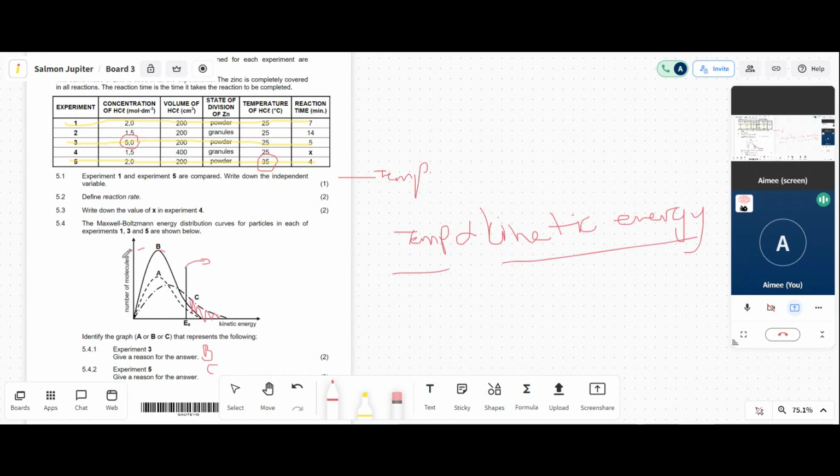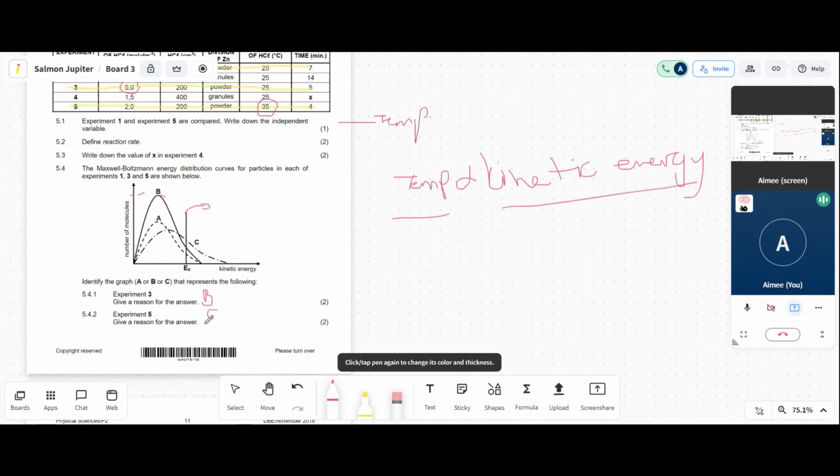Increasing the kinetic energy available to be absorbed by molecules means more of your molecules will have a sufficient amount of energy to participate in the reaction. And the only graph that shows a significant portion of its area on the right-hand side of this activation energy line is graph C. So it has to be graph C.